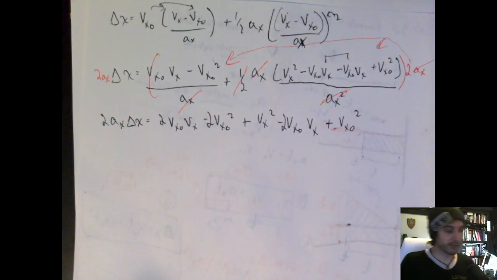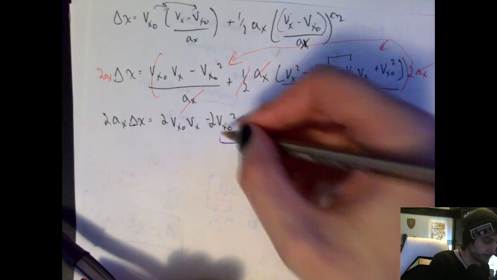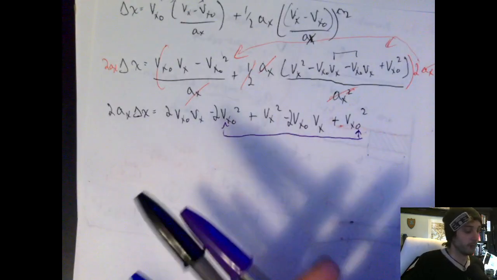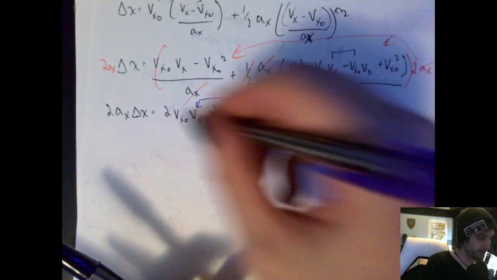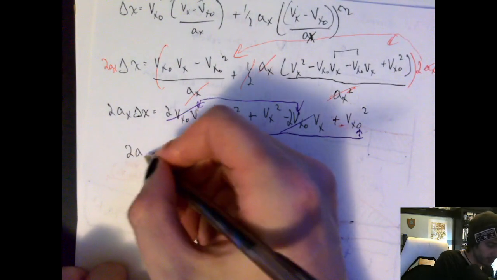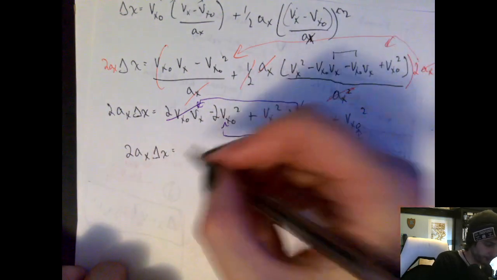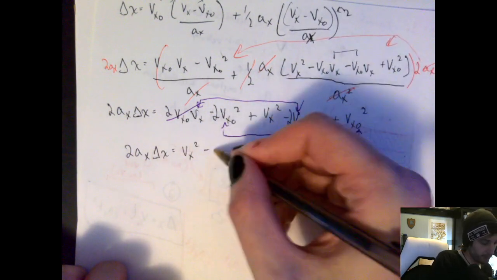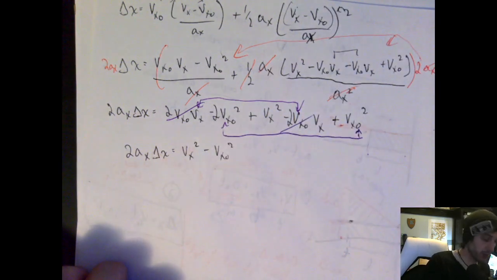We can also combine like terms here with these 2. And we can combine like terms here with these 2. We have positive and negative, so those 2 cancel. And what we're left with is 2ax delta x equals Vx squared minus Vx naught squared, because negative 2 plus 1 gives us negative 1.